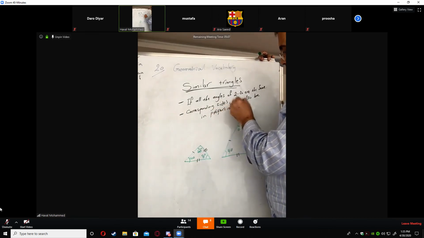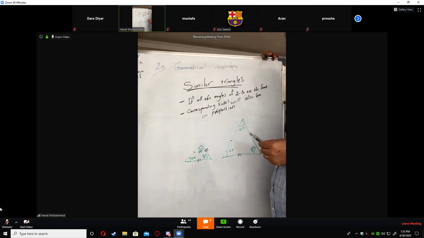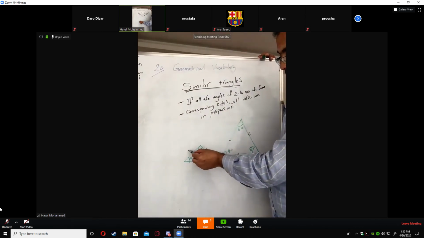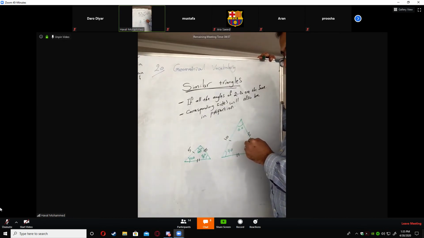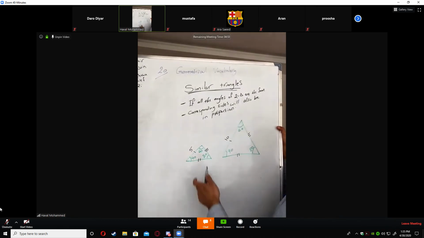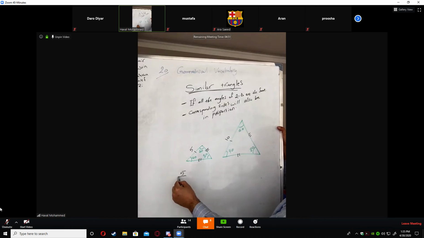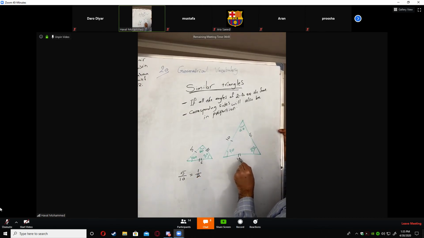They haven't given you a clear idea, but I will talk about it. For example, if this side is 5, this is 10. When you divide the small one by the big one, what do we get? 1/2. And this side, for example, 6, and this is 12.